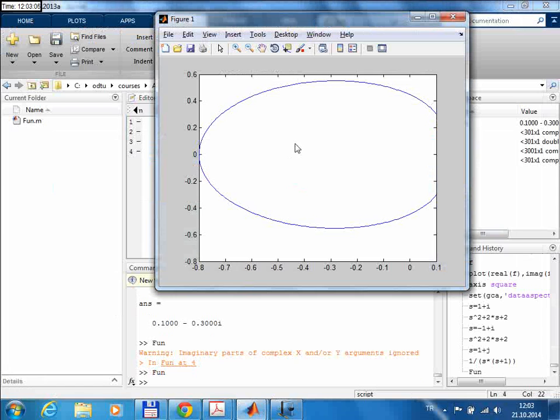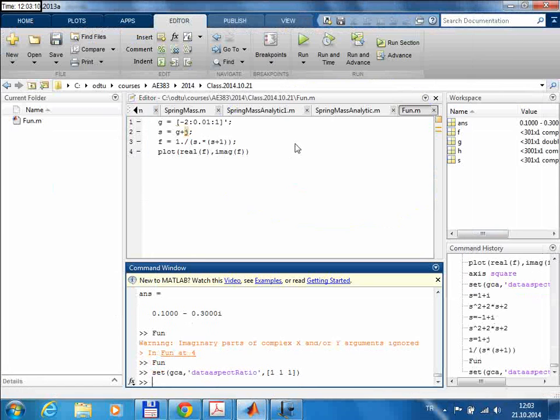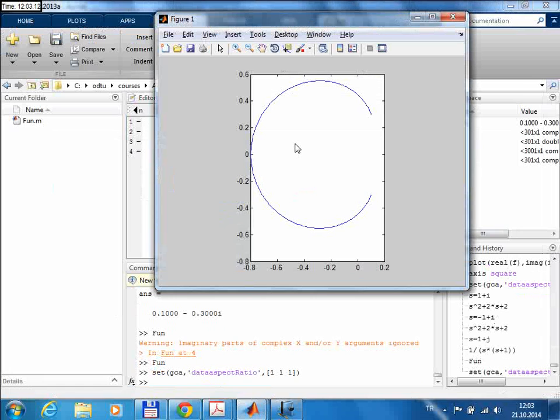So let me, okay, I just scaled the graph such that the aspect ratio for this screen is 1. That means this part has 1.4 units, and this has the same scale.